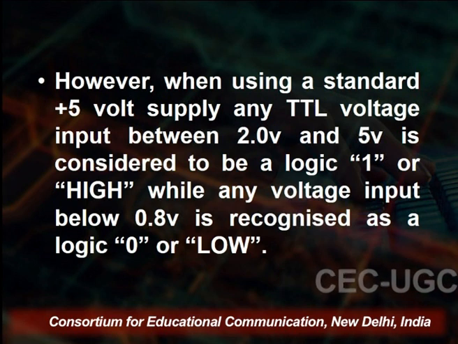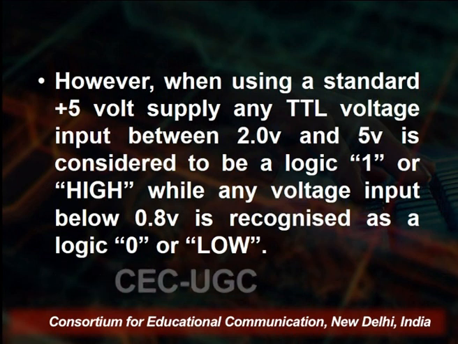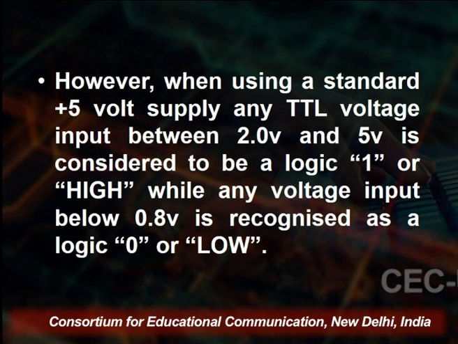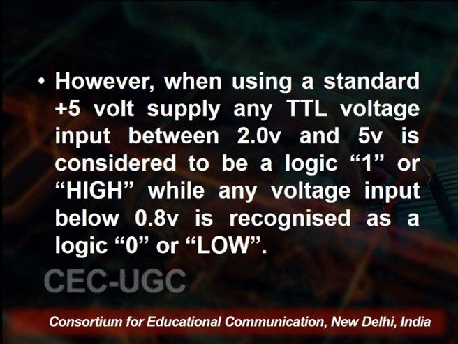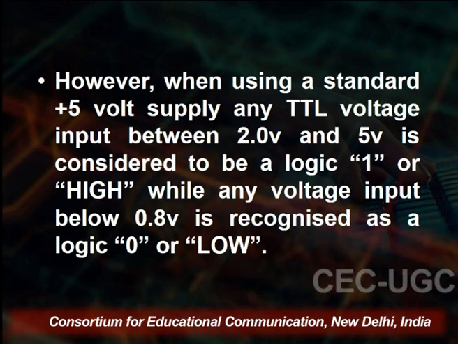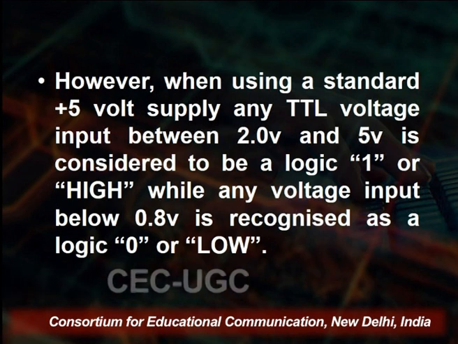However, when using a standard plus 5 volt supply, any TTL input voltage between 2 volts and 5 volts is considered to be logic high, 1. While any input voltage of 0.8 volt or below is recognized as a 0, which we can say is low.